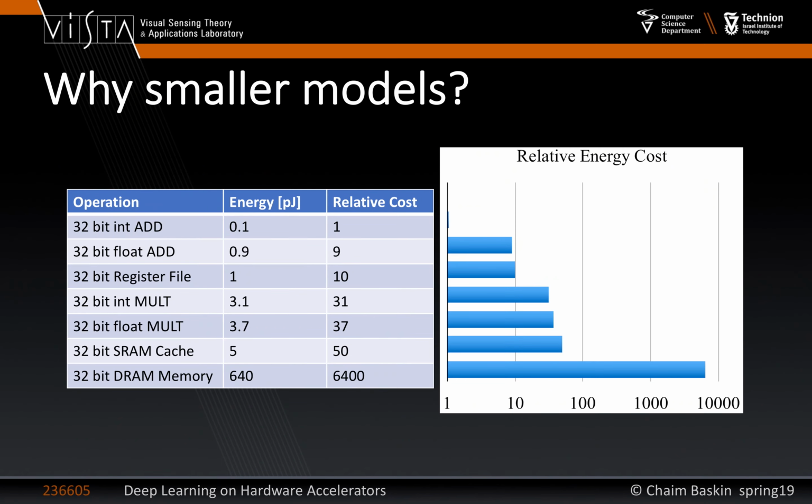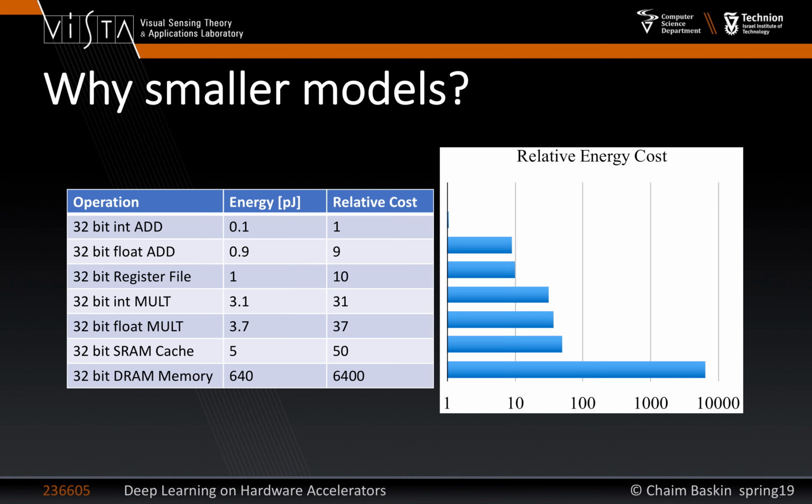So why smaller models? This is a famous table from Bill Dally showing that doing operations on floating point 32 bits needs a lot of energy, and we prefer to reduce that.